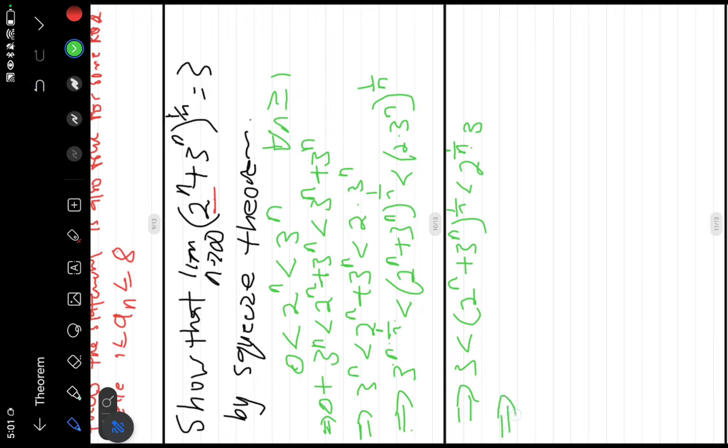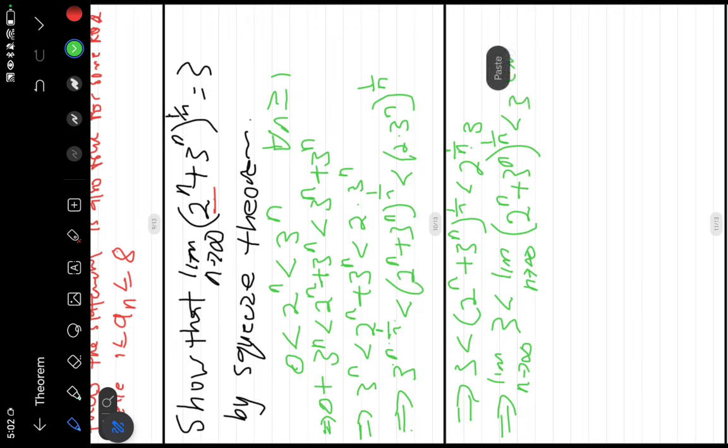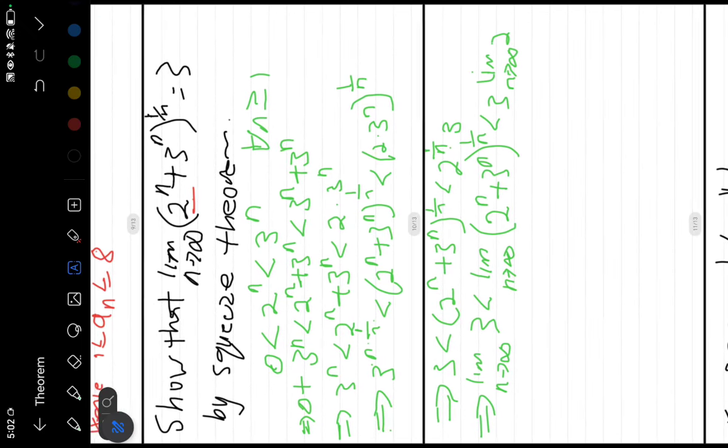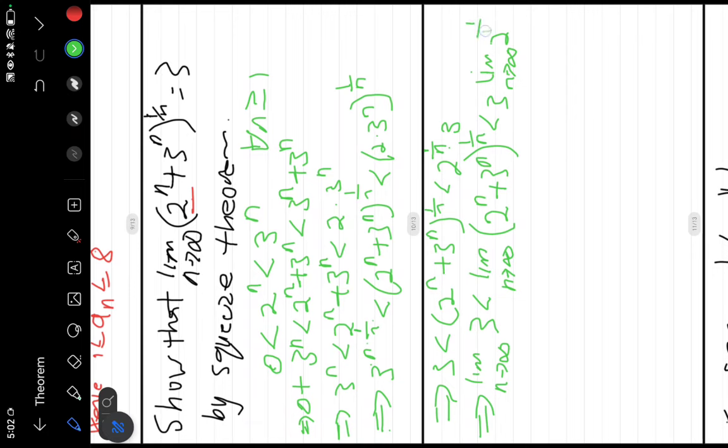So now I need to introduce the limit. Now I need the limit for this to be the same as this. So I introduce the limit as n approaches infinity of 3, which is less than the limit as n approaches infinity of (2^n + 3^n)^(1/n), which will be less than, I take out the constant, the limit as n approaches infinity of 2^(1/n).